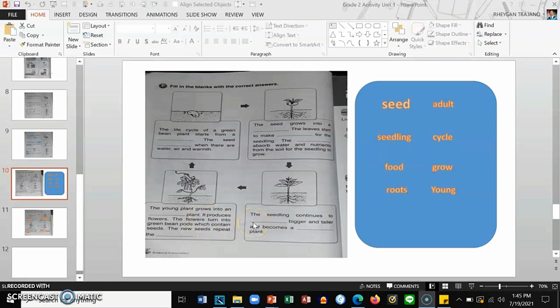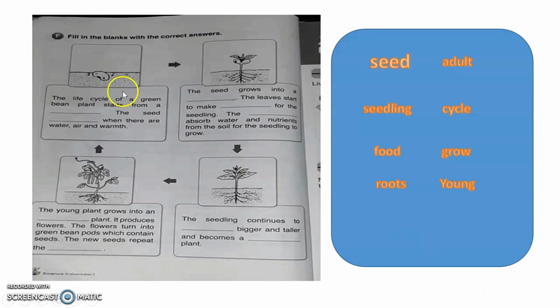Alright, so in letter F, that is our last topic of Unit 1, or Chapter 1.